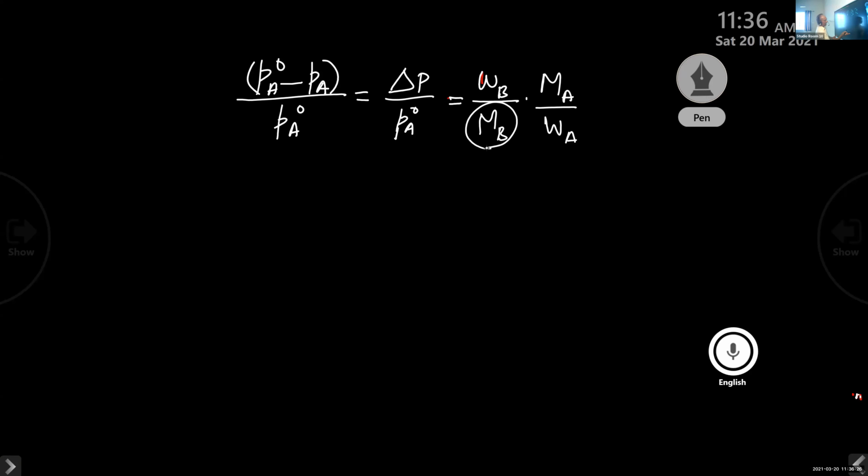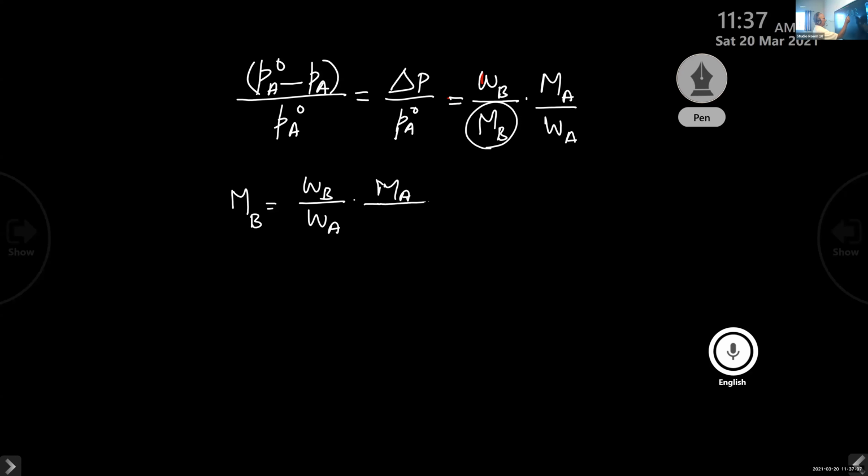So we can get the final equation for molecular mass. So you write that equation from that relation. MB is equal to, I'm going to rearrange it, WB, WA and MA will be taken to the right hand side.